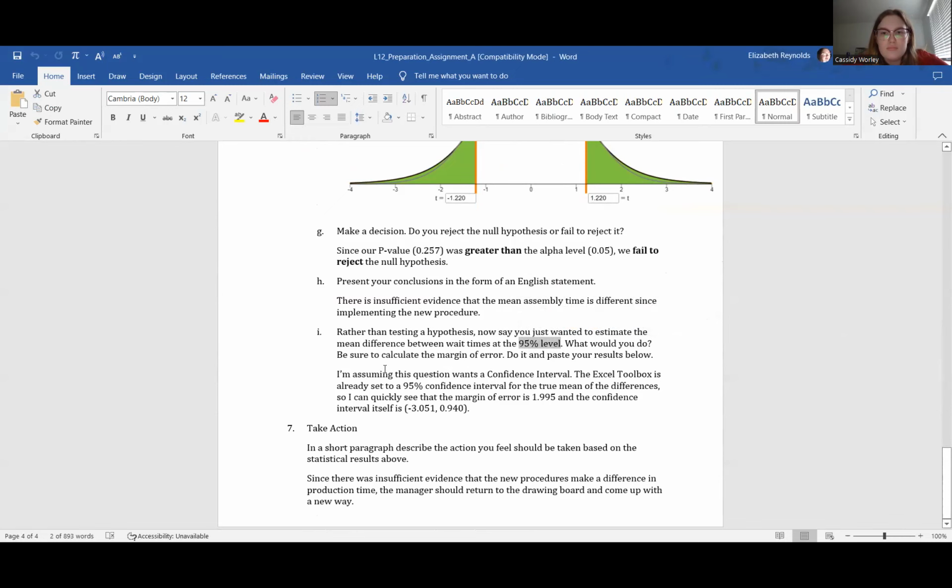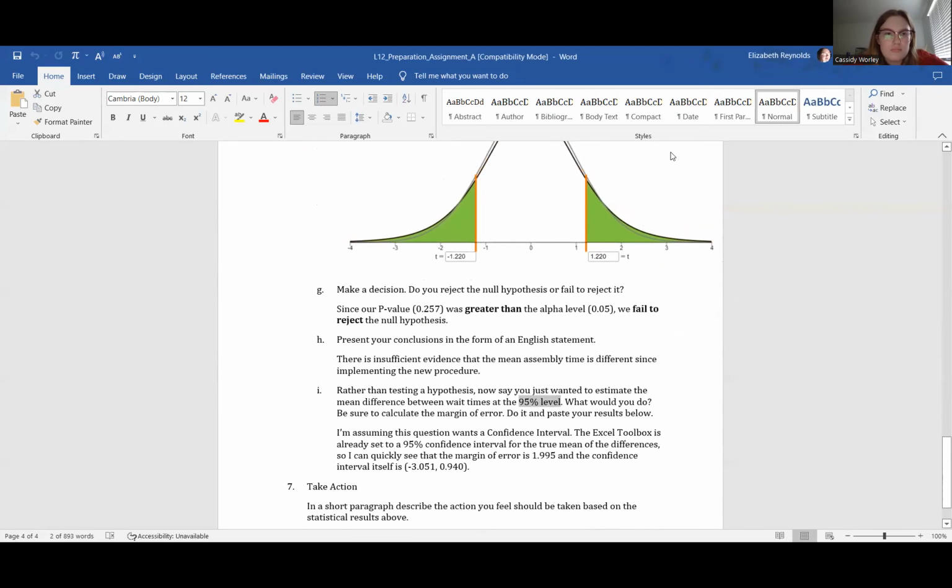Especially because it had already gone through the hypothesis test up here, and that was basically the only thing left. I don't know if that helps. Yeah, I think a lot of it is just looking for key words or phrases within the problem.